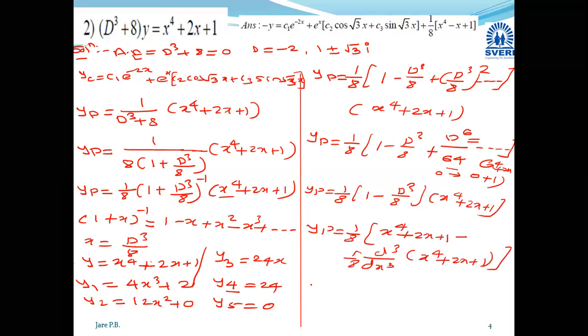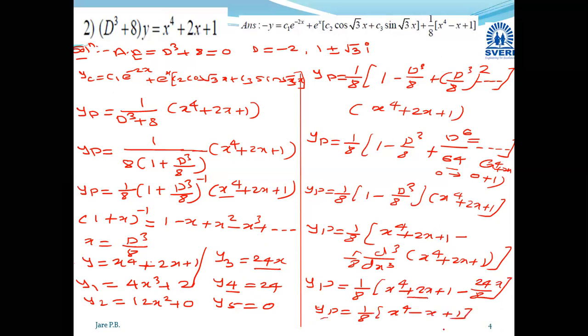Now we know the third derivative is 24x. So 1 upon 8 (x raised to 4 plus 2x plus 1 minus 24x divided by 8). What is 24x divided by 8? 8 threes are 24, so we get 3x. So yp equals 1 upon 8 x raised to 4, plus 2x and this minus 3x becomes minus x, plus 1. We got the answer, so this yp is correct for this equation.